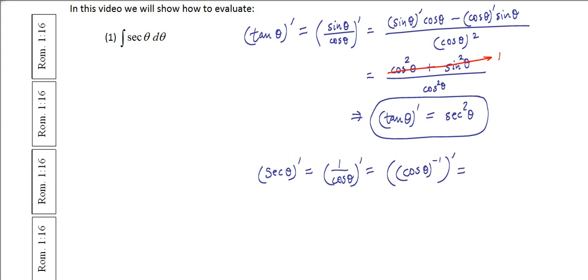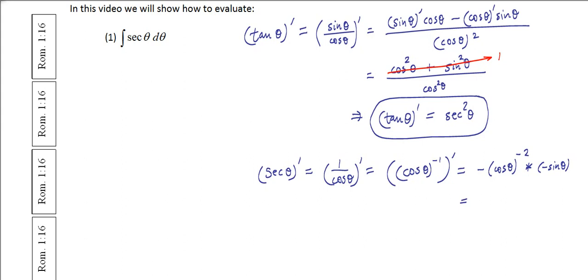If I use the chain rule, minus 1 comes out in front, then I get cos of theta to the minus 2 power times, of course, what's inside, that's the chain rule part, which is minus sine of theta.